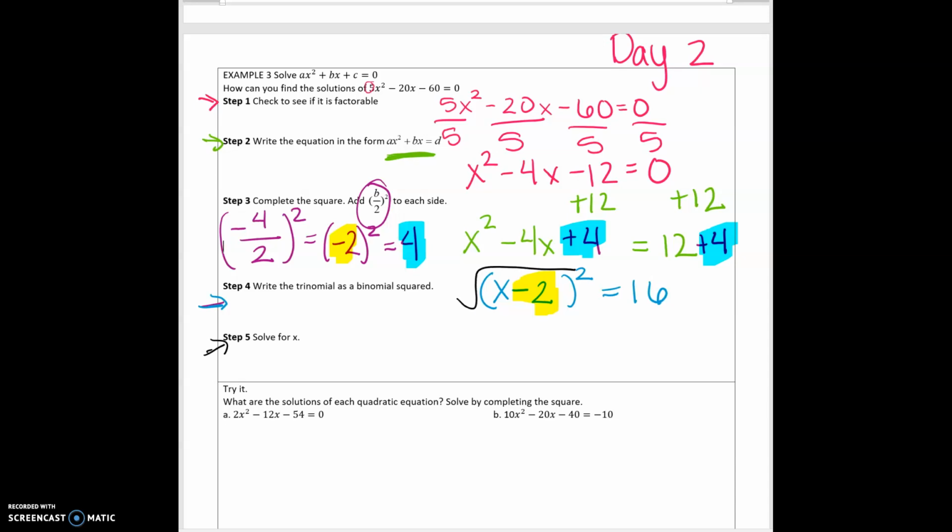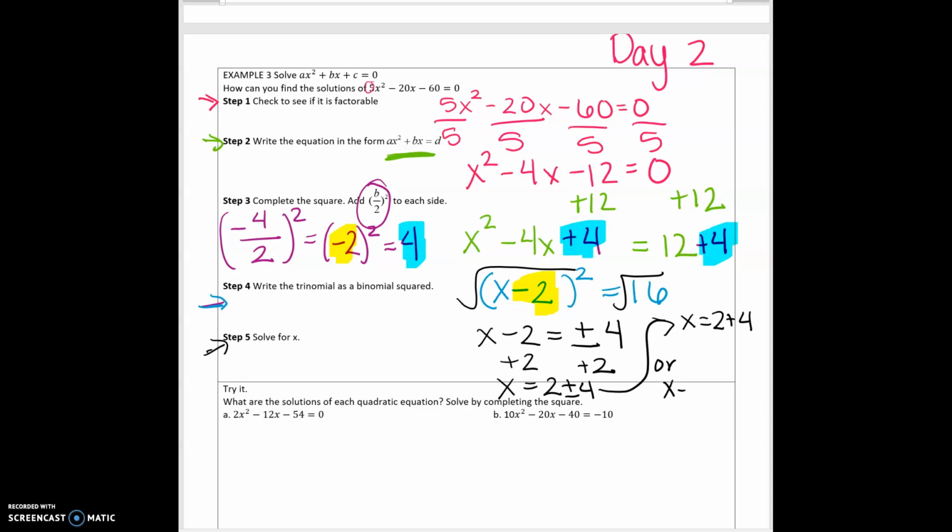So I'm going to square root both sides, and when we square root, we get the plus or minus. The square root of 16 is 4, and then we add 2 to both sides. And so now we have x equals 2 plus or minus 4, which is x equals 2 plus 4, or x equals 2 minus 4, so x equals 6 or negative 2.